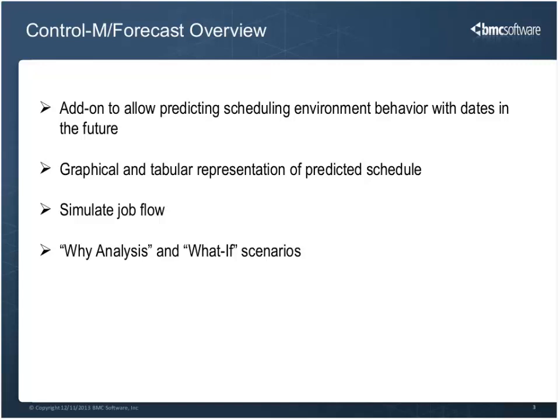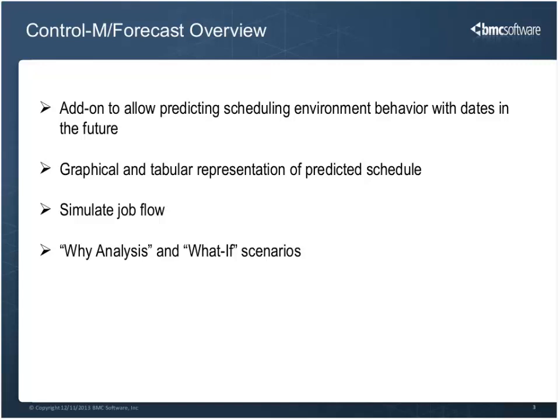A very neat feature is that it would allow you to simulate a job flow. Let's say you had a number of jobs within a particular folder or table and you want to see their interaction on a future date, and you can represent that graphically there in the simulation.